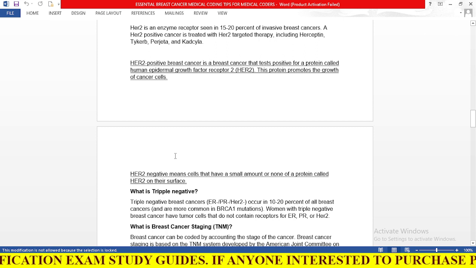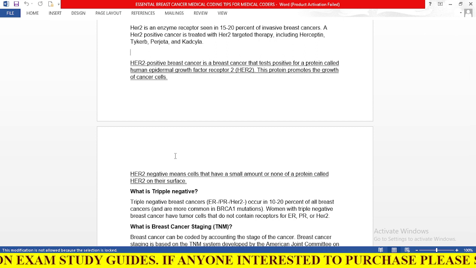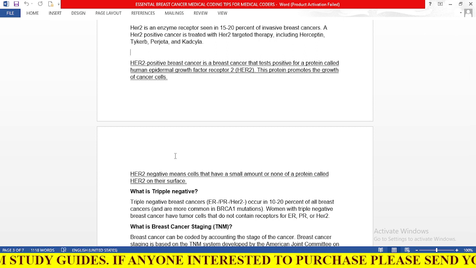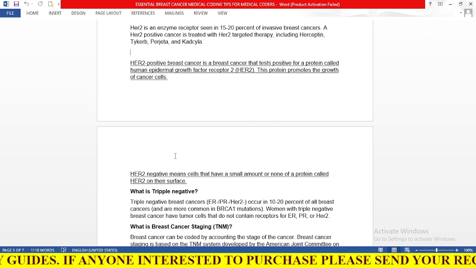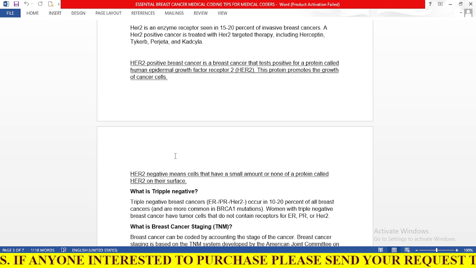HER2 positive breast cancer is a breast cancer that tests positive for a protein called human epidermal growth factor receptor 2. Usually we will call it HER2.